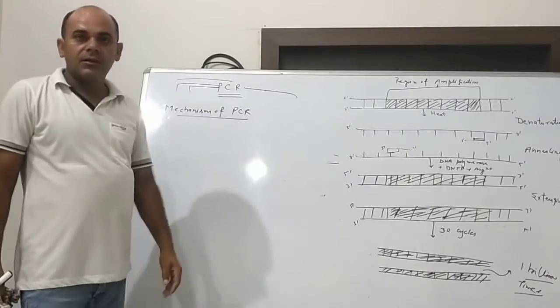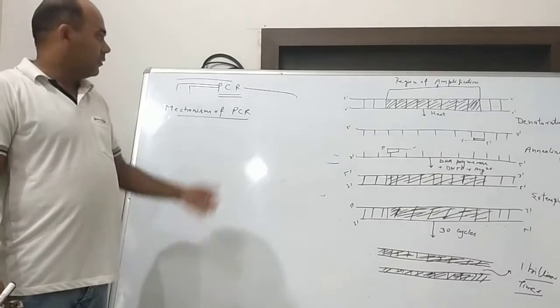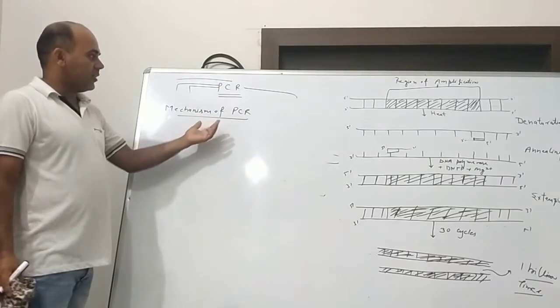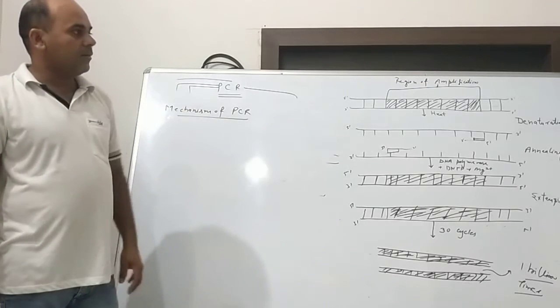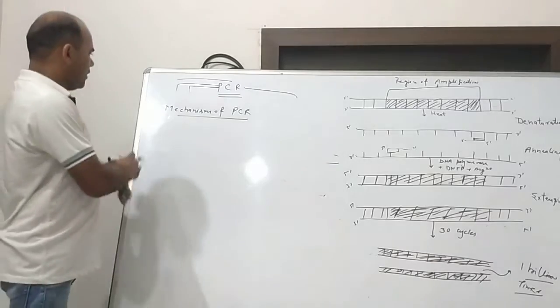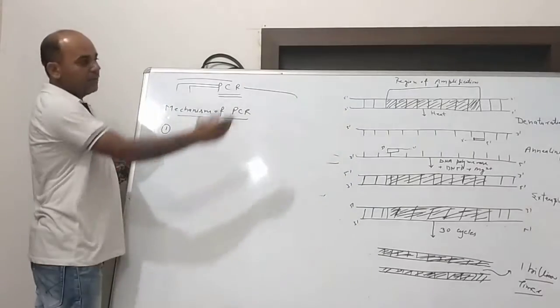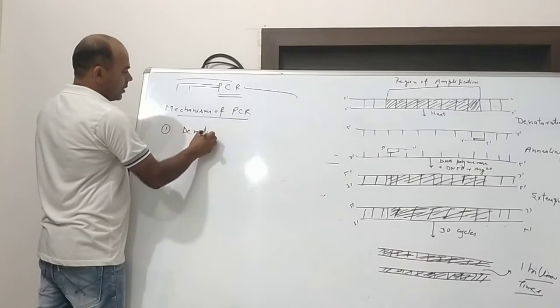This process is complex. It is a multi-step process. It is an enzyme-involved process. So let me check it. This PCR method is completed in 3 steps. Very simple. The first step is called denaturation. Look at the board. The first one is called denaturation.